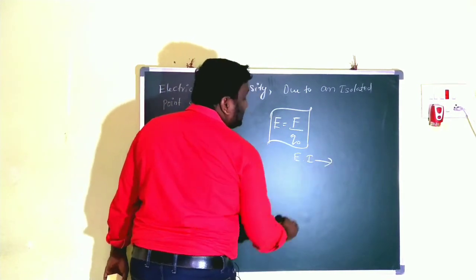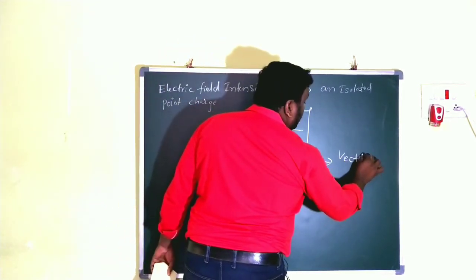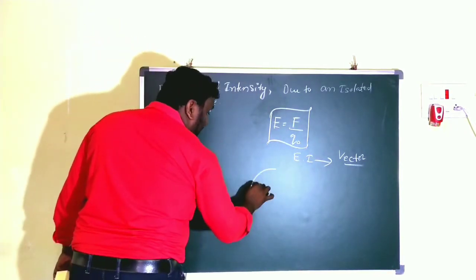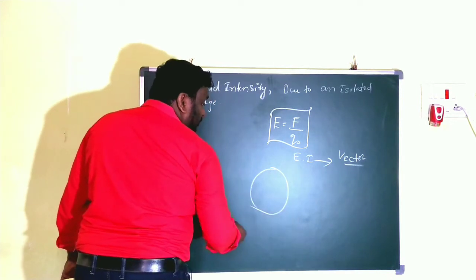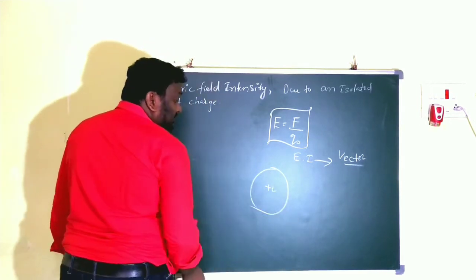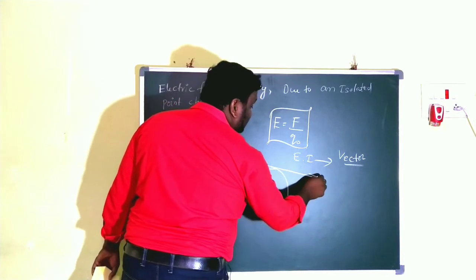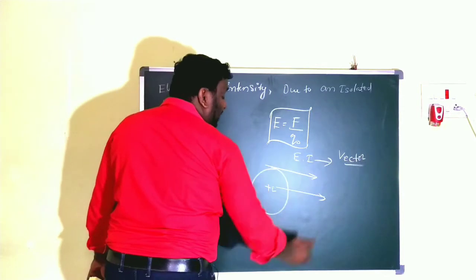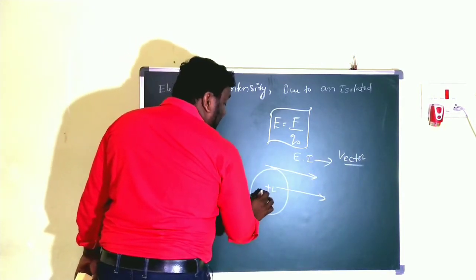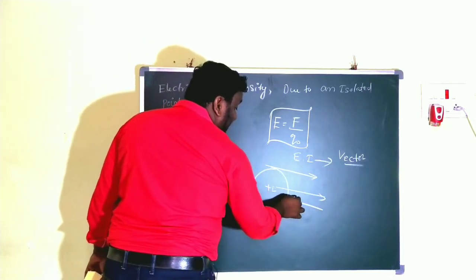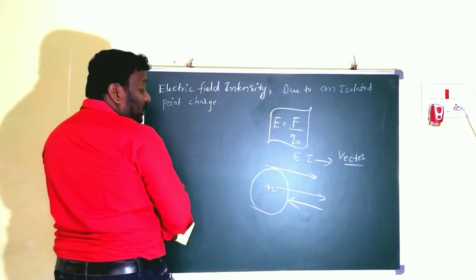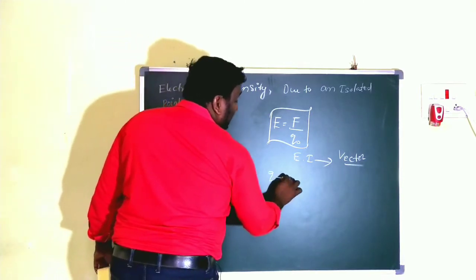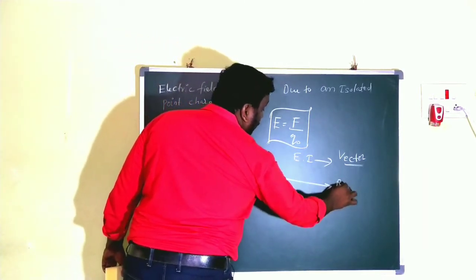Electric field intensity is a vector quantity. For example, if you take a plus Q charge, then the electric field intensity is in this direction: radially outward. If you take minus Q, it is radially inwards. So how can we identify that? From a positive charge, the electric field intensity is radially outward.